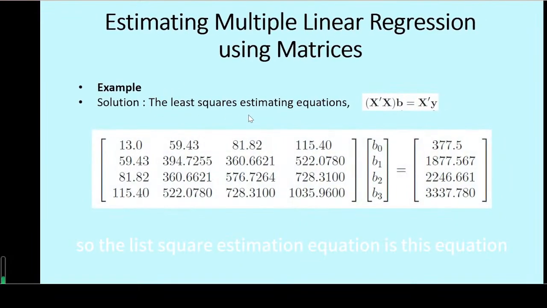So the least squares estimation equation is this equation: the product of X transpose times X then times B equals X transpose times Y. So we can write it in matrix form: this is the product of X transpose times X, this is the B, and this is the X transpose times Y, after we have filled in all values.